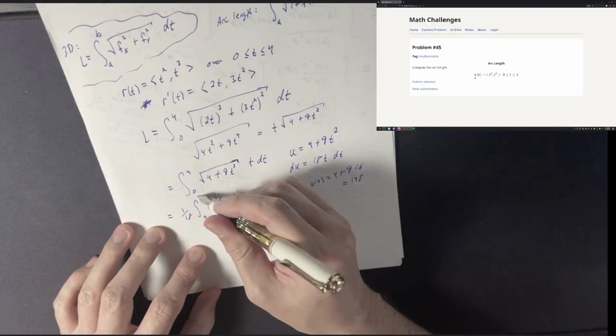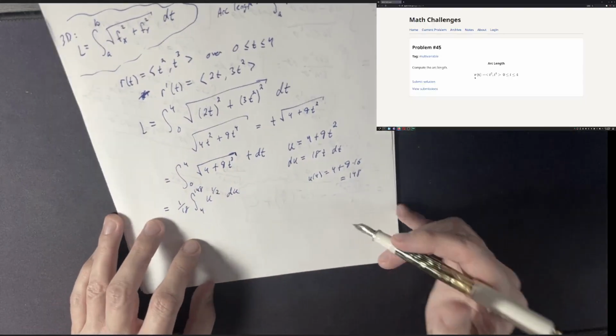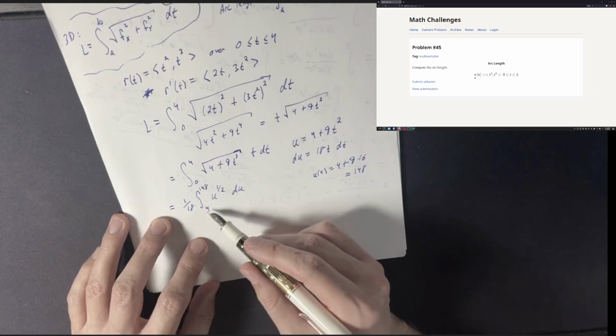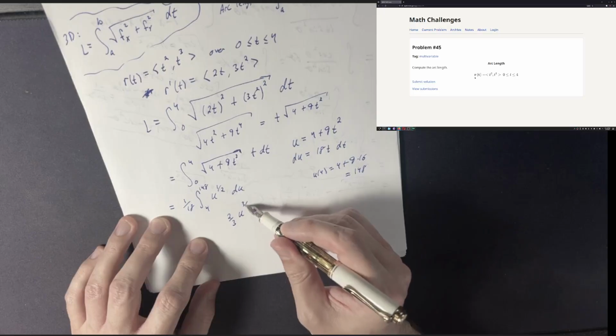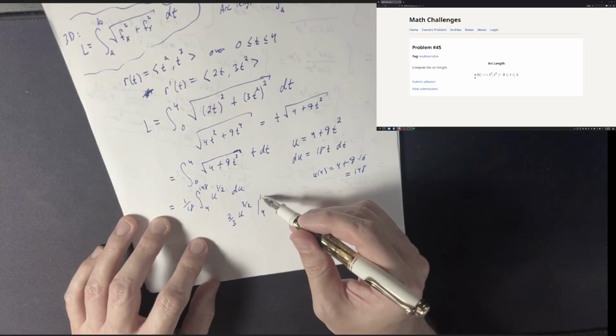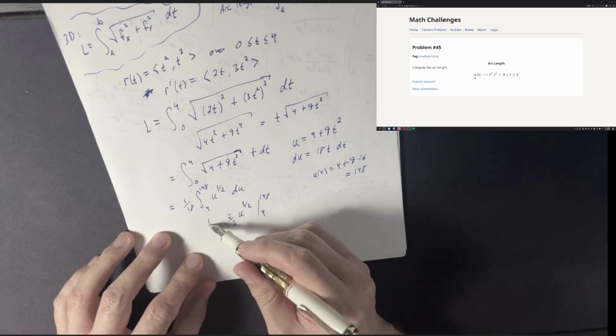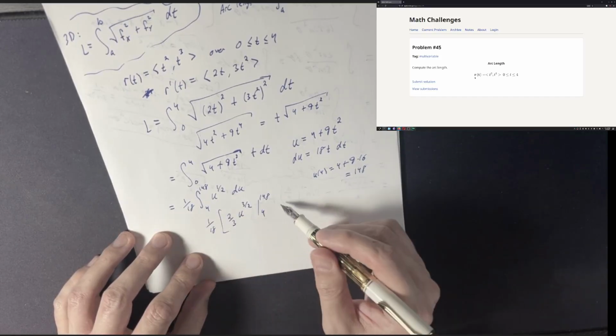Yeah, I can't do it any more ways. So there we go. Integrate this. You're getting 2/3 u to the 3/2 evaluated from 4 to 148. And then don't forget to multiply that by 1/18 when you're done.